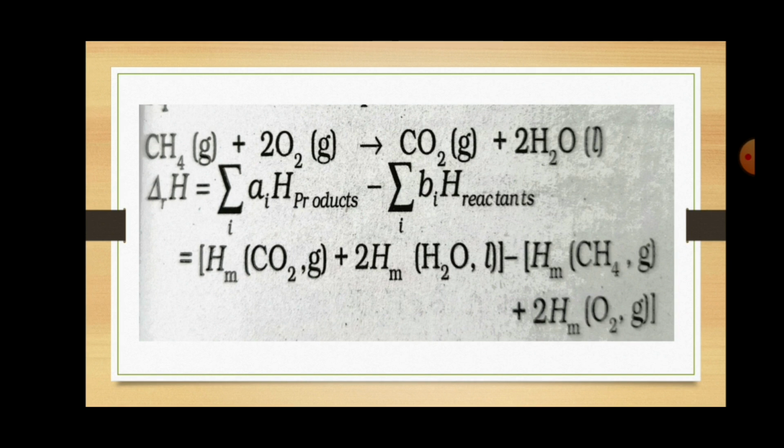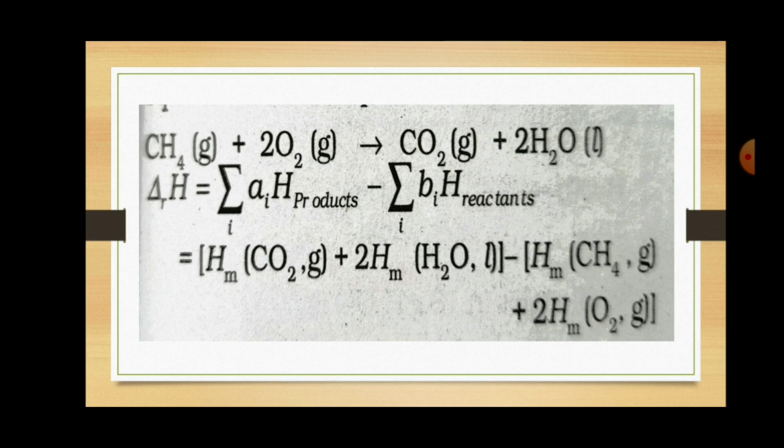The enthalpy change of this chemical reaction, delta rH, is equal to sigma ai enthalpy of products minus sigma bi enthalpy of reactants. So first you consider the products, then the reactants. The products on the right-hand side are CO2 and H2O.